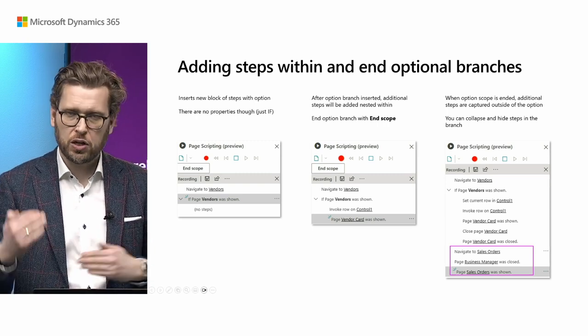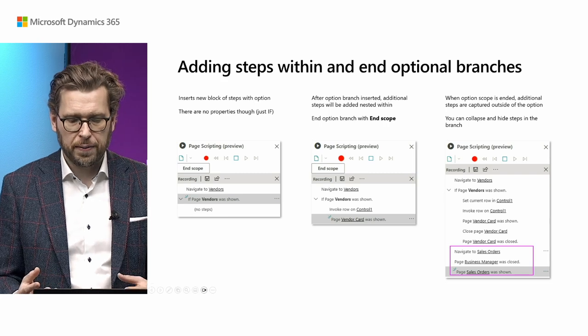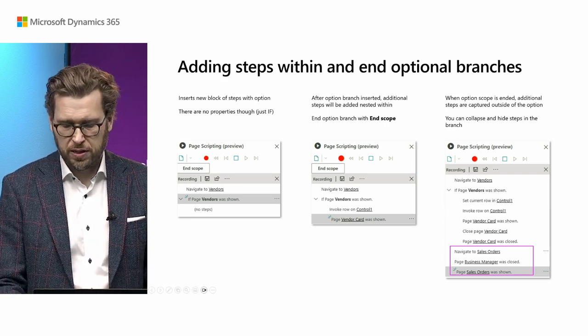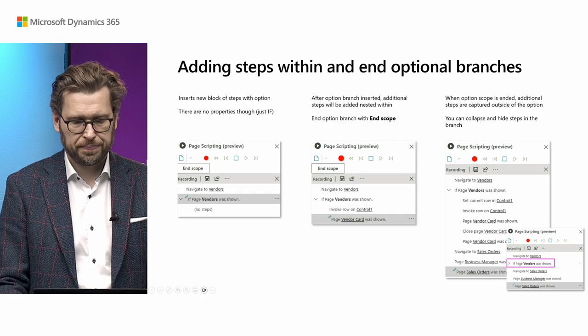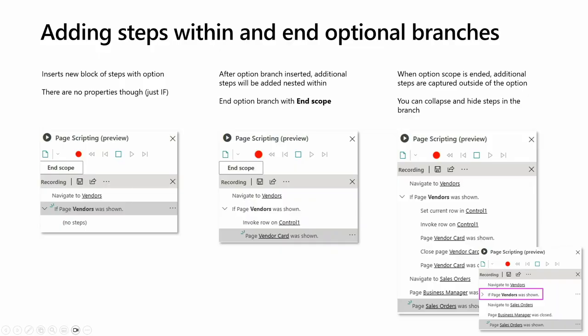So that gives you, again, control over branchings in your recorded steps. By the way, in the UI here, if you get very long scripts, you can collapse these nested structures, right? That's what I'm showing here. You should be familiar with that concept, and it just makes it a little bit easier to read the overall script.